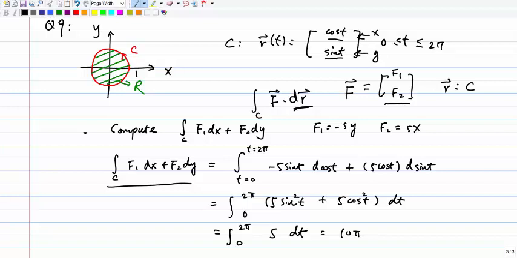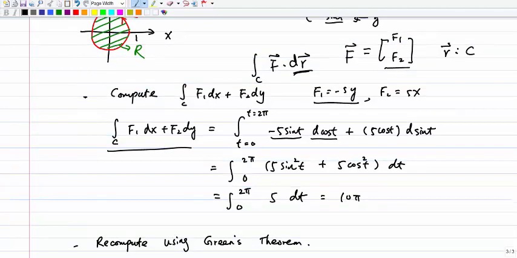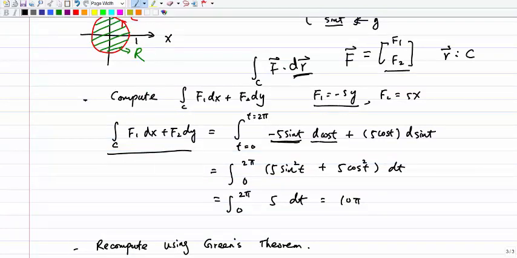So I replace y by sine t and x by cosine t. Here f1 is negative 5y, so negative 5 sine t, and dx, where x is cosine t, is d cosine t, plus 5x, which is 5 cosine t, times dy, which is d sine t. So negative 5 sine t times d cosine t, which is negative sine t, becomes plus 5 sine t squared dt.